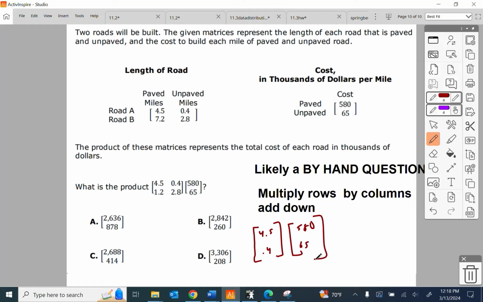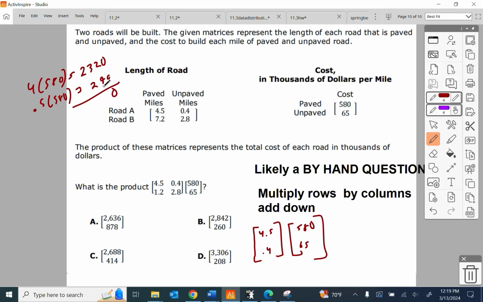Now, it's going to be a pretty good sized number. So I got to figure out what 4.5 and 580 makes. Well, 4 580s, and this is kind of how I do things, 4 580s is going to be 2,320. And half of 580, which is something most people should be able to do, is going to be what? 290.